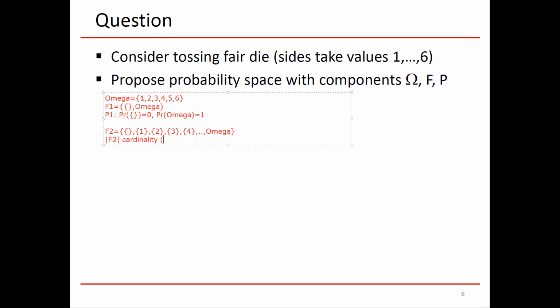And cardinality means the number of elements in F2. So if you think about it, there are 6 elements in omega. And each element could be in an event or not.